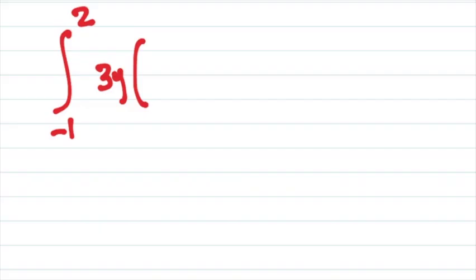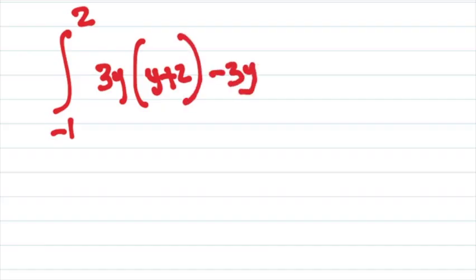So let's evaluate that from -1 to 2: 3y, where x is, you put the upper limit minus the lower limit. The upper limit here will be y plus 2, so 3y times (y plus 2) minus 3y times y squared, dy.